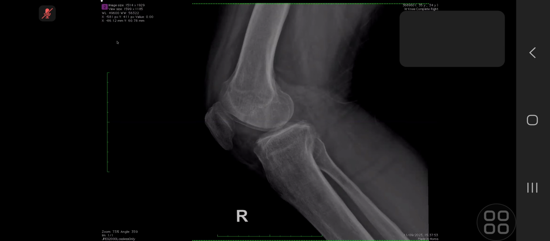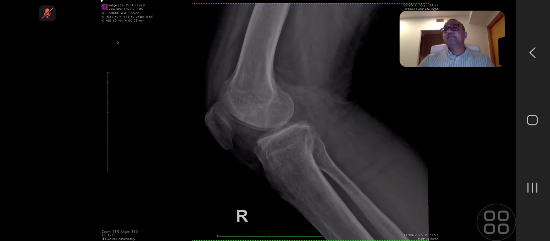What are the positive findings? I can see some linear lucencies at the distal femoral condyle. I'm not sure about the size. Can you put both the AP and lateral views together, if possible?